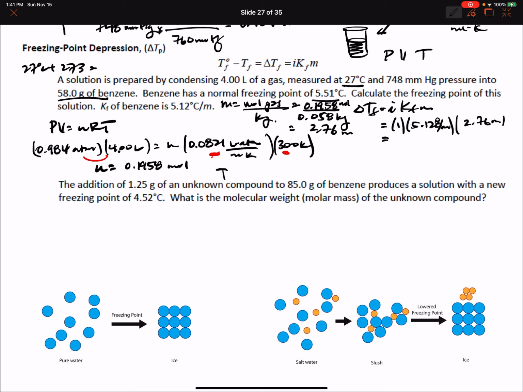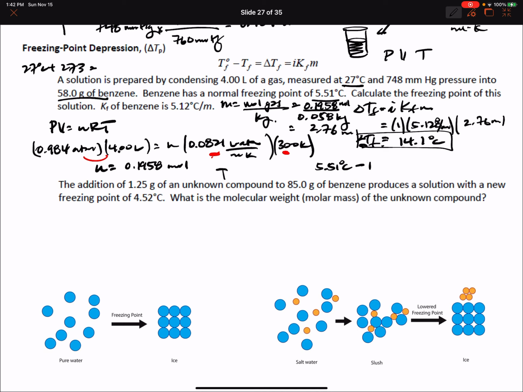Okay, mash that in, times 5.12, I get 14.1 degrees C. This is the freezing point depression. Remember, this is how much it's going to go down. The normal freezing point is 5.51 degrees Celsius for benzene, right? This isn't water.